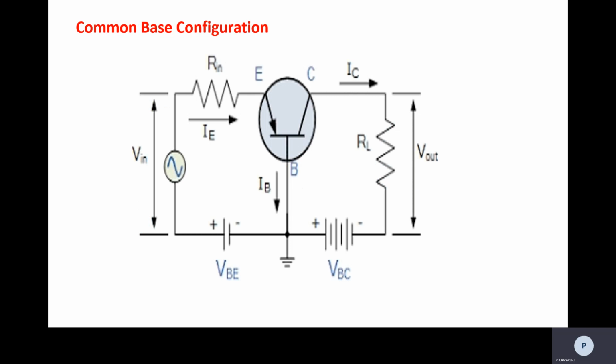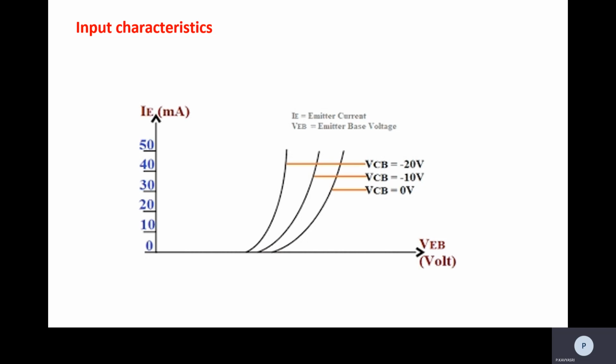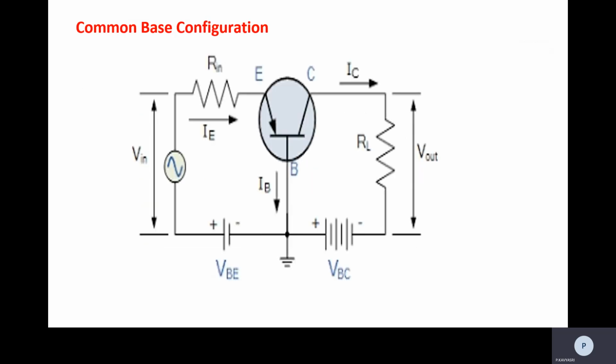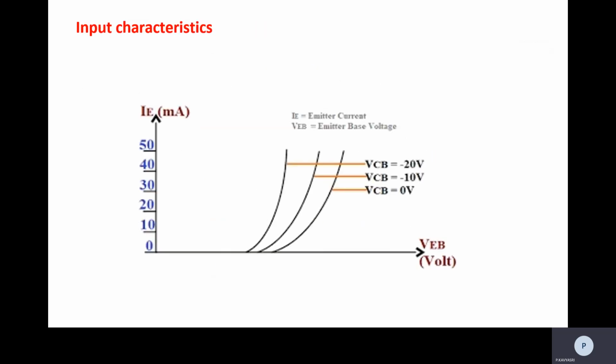I'm drawing the graph between the input current and input voltage by keeping VCB constant. What is VCB here? VCB is the output voltage. Just observe here. First, we keep the output voltage VCB at a constant value, and we vary VEB for different points.